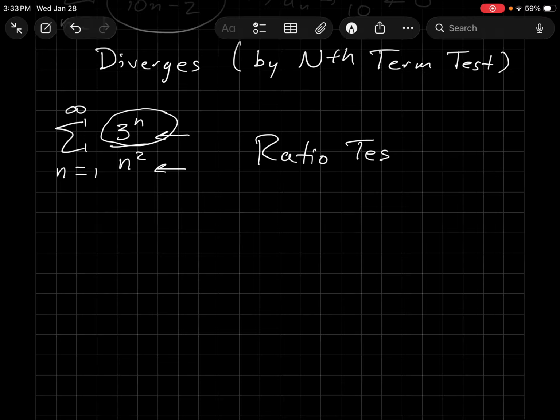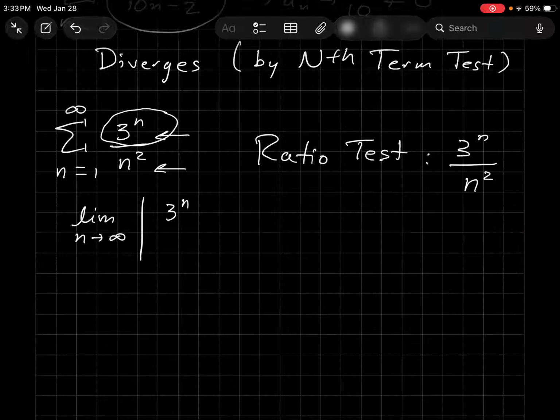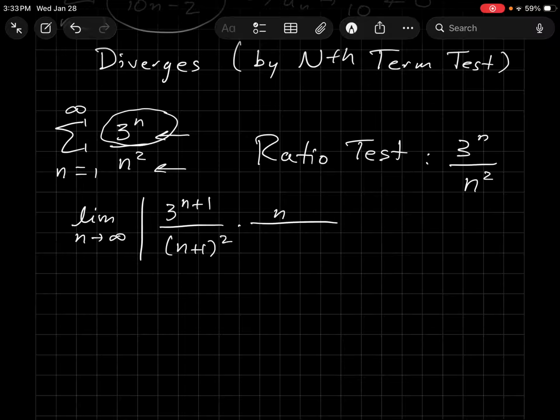What tells me this is the ratio test? I don't see any factorials. What tells it to me is that I have a combination of different types of functions. So this is another big clue that I would use the ratio test. Let's go through this. Let's do the nth plus 1 term over the nth term, flipped and multiplied.